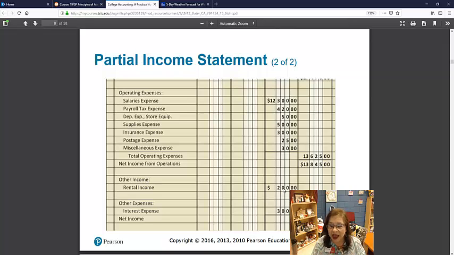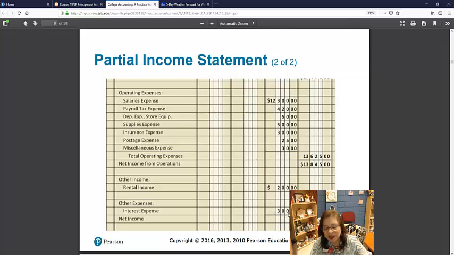So now we're going to add the rental income, and then any other expenses. Obviously, we have an interest expense on something. So what you do is take the rental income minus the other expense. You only have an amount of another $100 to deal with.